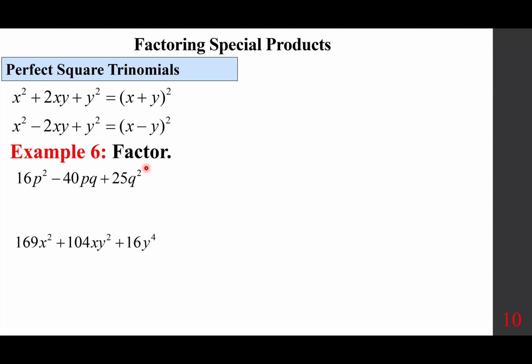We notice that 16p squared is a perfect square number. So it's a perfect square of what? 4p quantity squared.